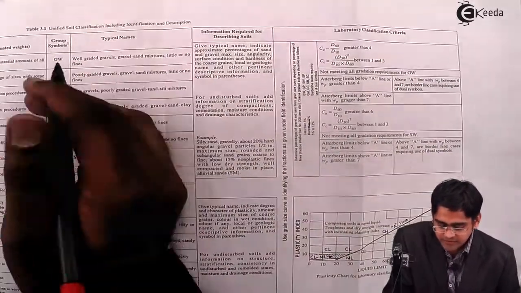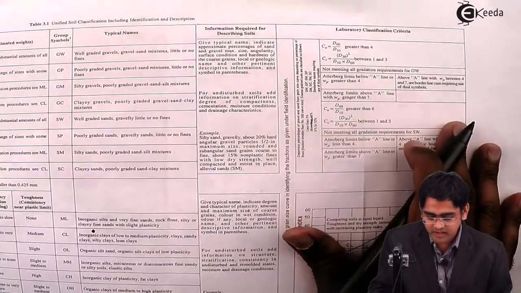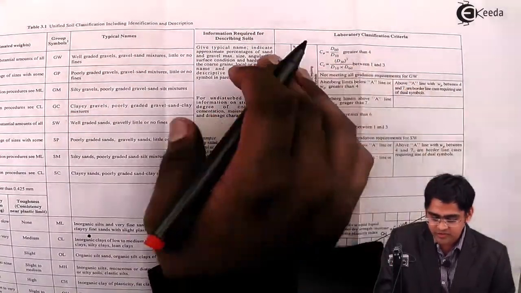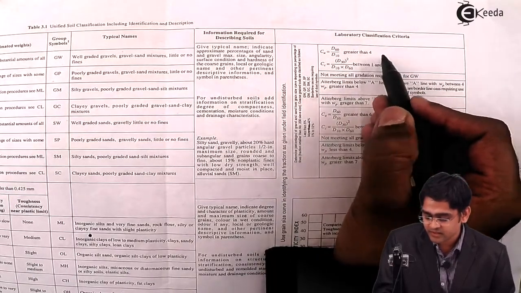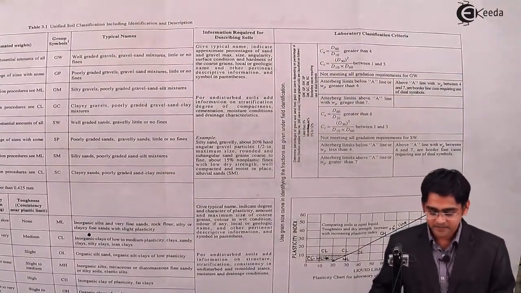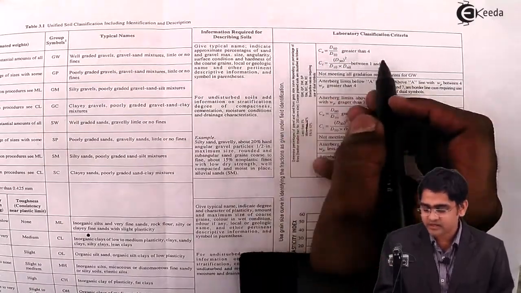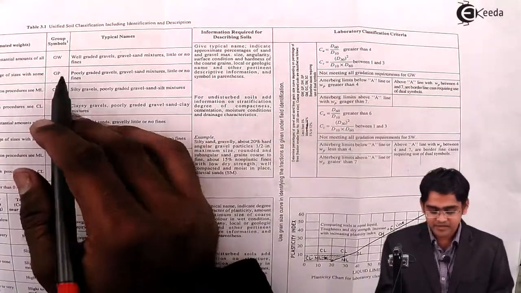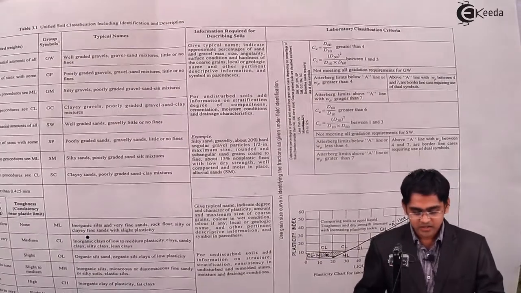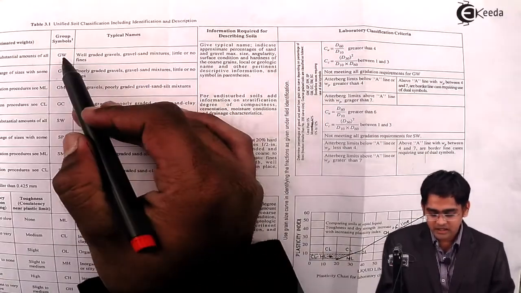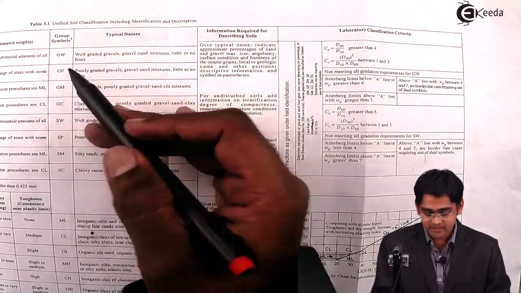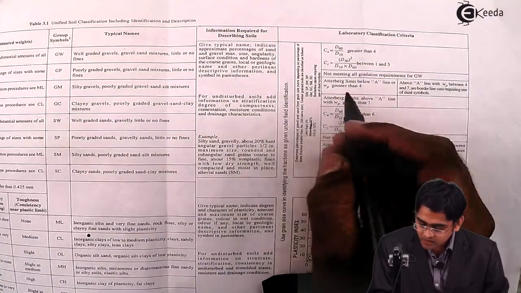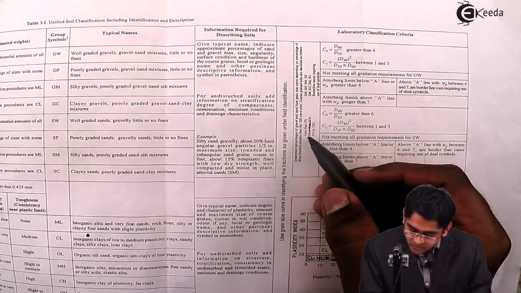in that we are up to the well graded gravel and poorly graded gravel, and I gave you the definition of well graded. When both the conditions are satisfied for gravel, then we call it well graded. Otherwise, even if any of these conditions fails, then we call it a poorly graded gravel. So remember, well graded gravel or poorly graded gravel is based on the assumption that you have the percentage finer.